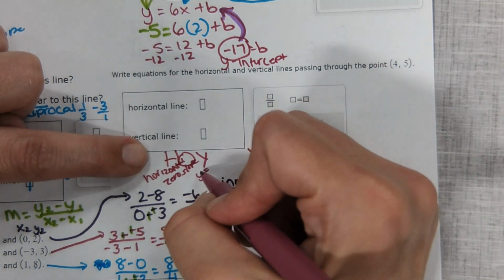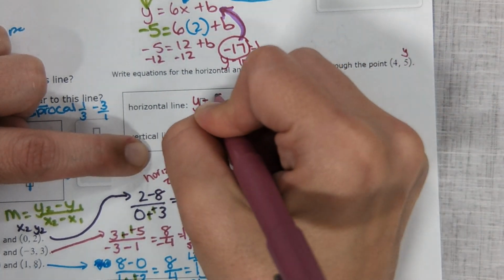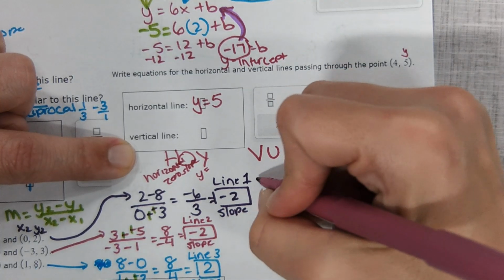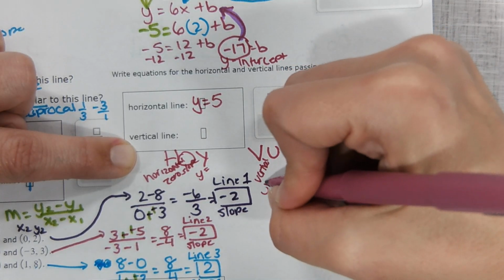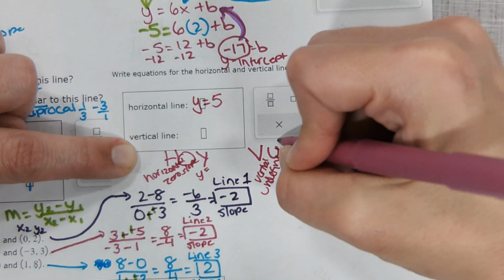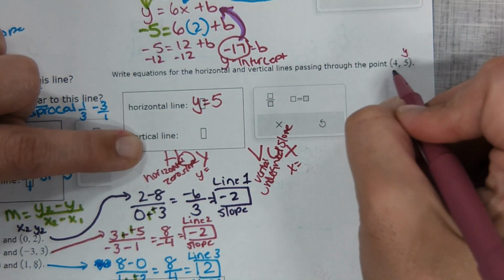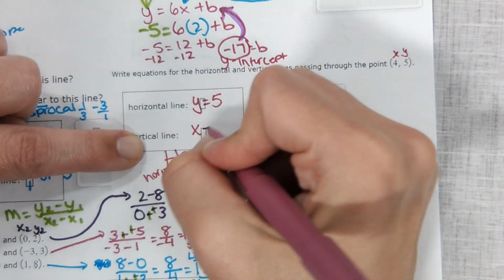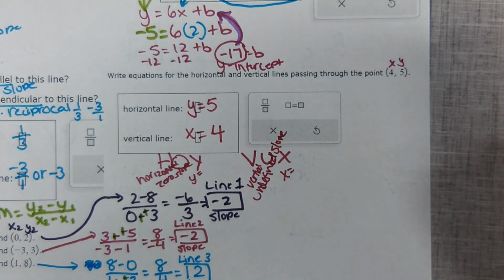So horizontal is y equals 5. This would be our y, right? And then for vertical, V, vertical, undefined slope, and then x equals. So here is our x. x equals 4. So the acronym will definitely work.